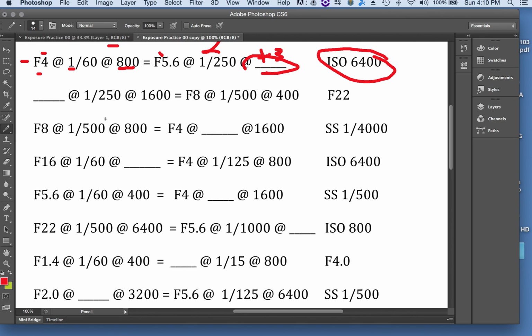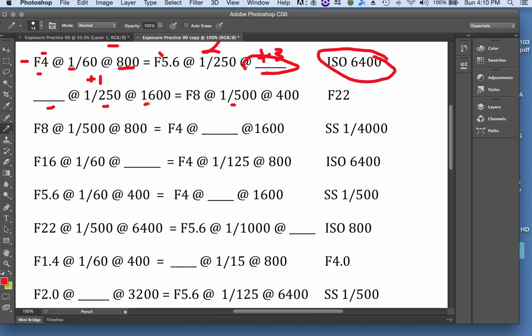So we'll do a couple more. In this case, we don't know our f-stop. We look at 1/250, more or less light than 1/500? In this case, more light is going to come in because it's open for longer. So more by a factor of 1.